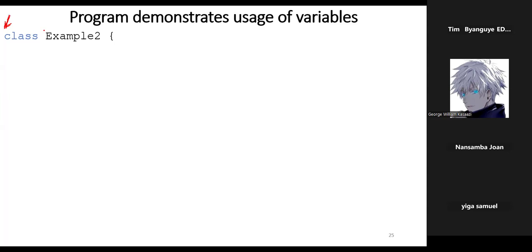Maybe the question we should ask here is, what is the default access modifier in Java for classes? Because most of the classes will have a default one, really, depending on what you're trying to create.